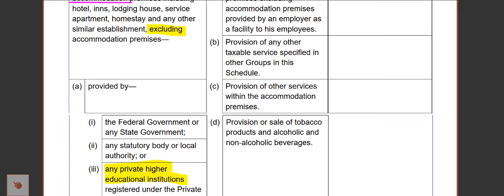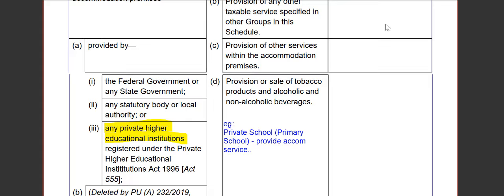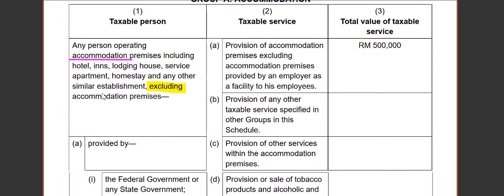For example, you're a private school offering primary school, not higher education, and you also provide accommodation, a boarding school. Because of the boarding school you provide accommodation. Now because you are not a private higher education institution, you actually fall within the category of taxable person.